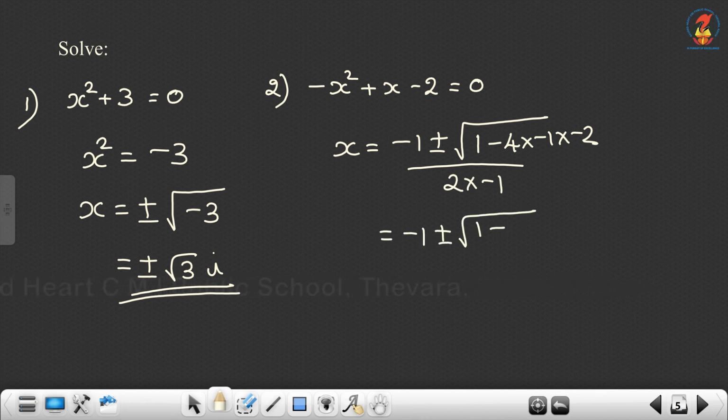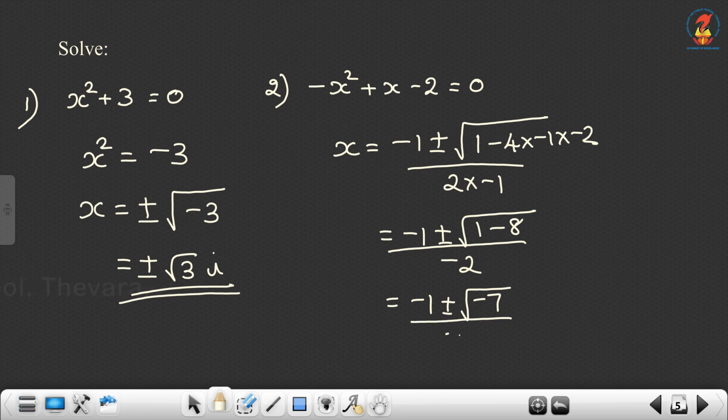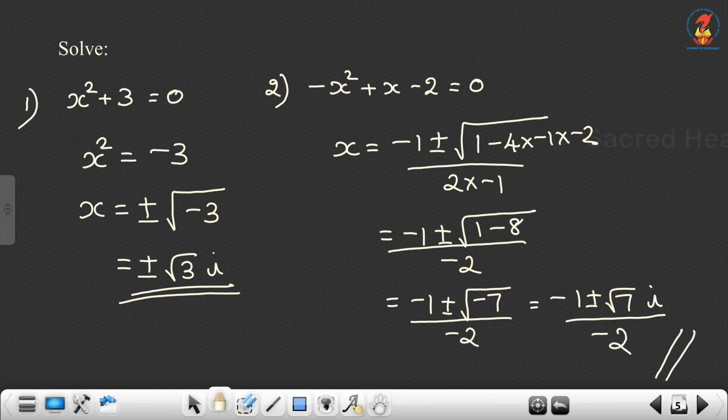That is root of 1 minus 8 by minus 2, or minus 1 plus or minus root minus 7 by minus 2. Root minus 7 we can write as root 7 into I by minus 2. Okay.